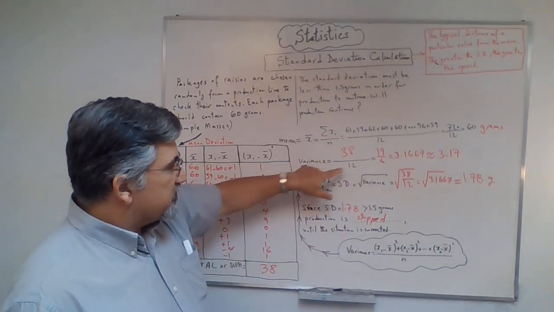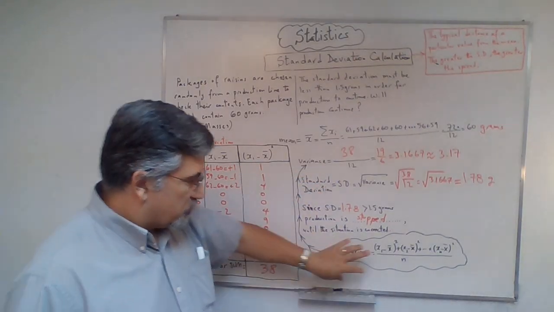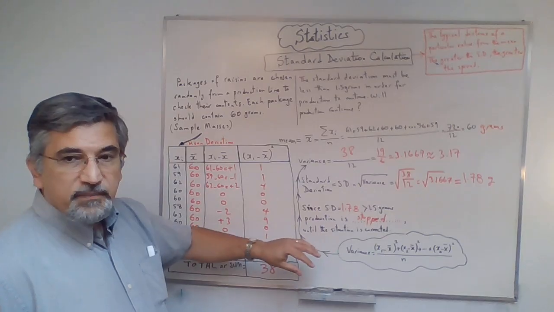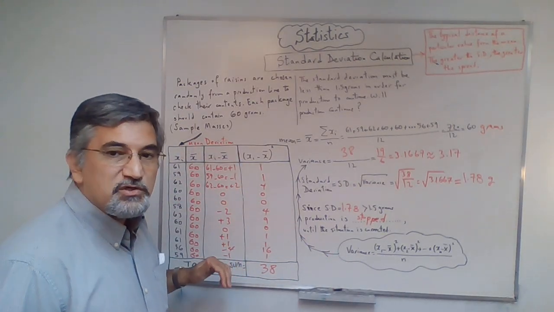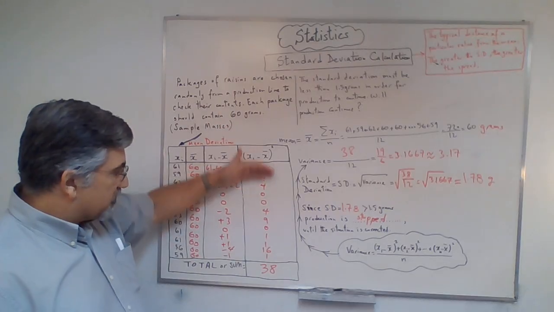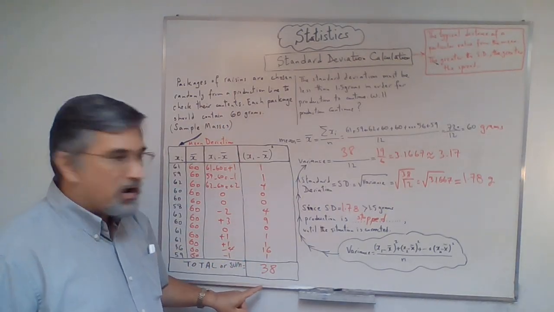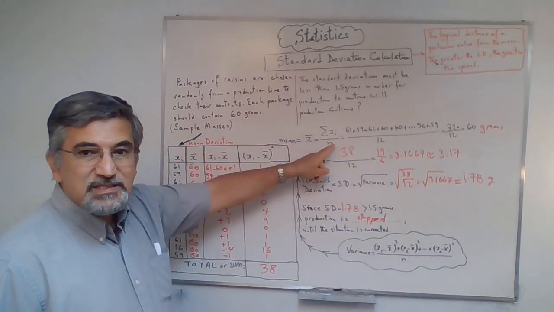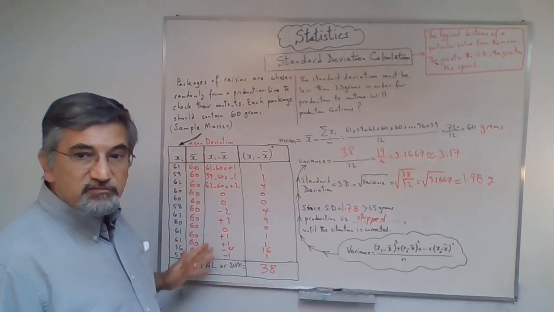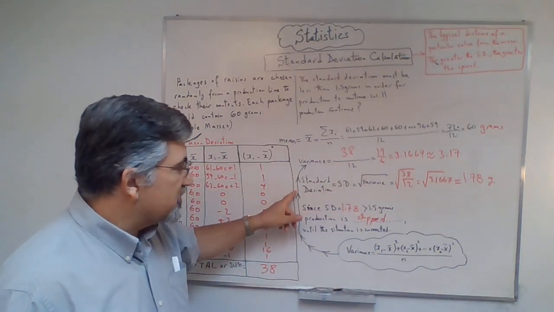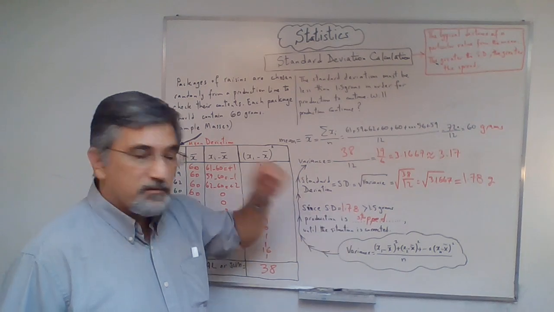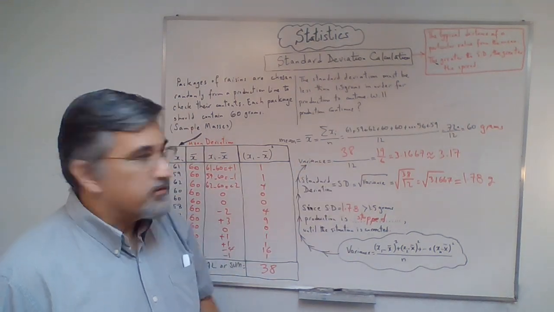So for the variance calculation that we did, we used this formula, but to make it easier, we did our calculations in a tabulated format. We found all the squares of the deviations and added them up. That was the numerator, and we divided by 12 because we had 12 data values, and we calculated the variance. And we said that standard deviation is the square root of the variance.